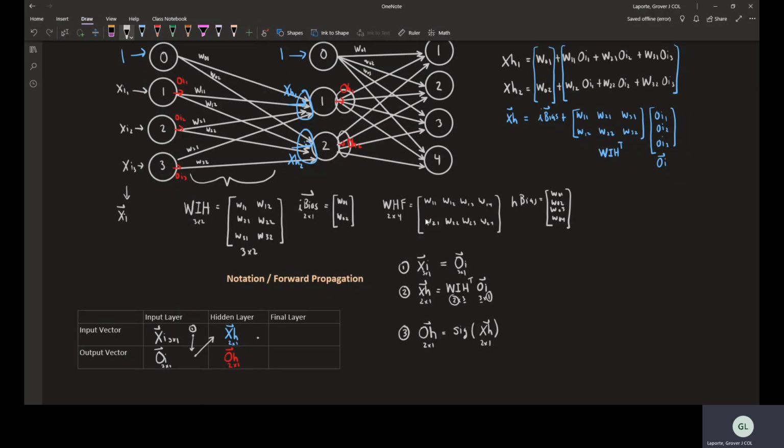Okay, so that would be what we do to get from XH to OH, so this is step number 3. This one is step number 2. The arrow that's taking you from XI to OI is 1, OI to XH is 2, and I sort of labeled them on the side over here. To go from XH to OH is 3. And the next step is to just generalize what we did for the network, going from this node to these 4 nodes, right?